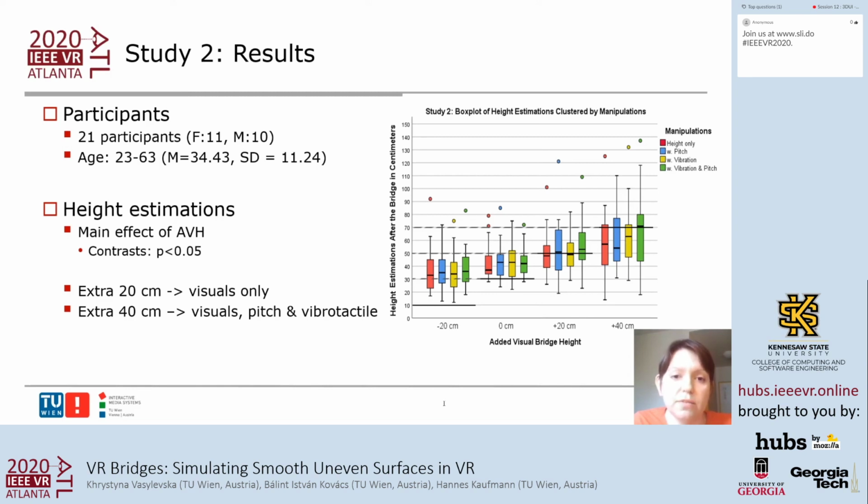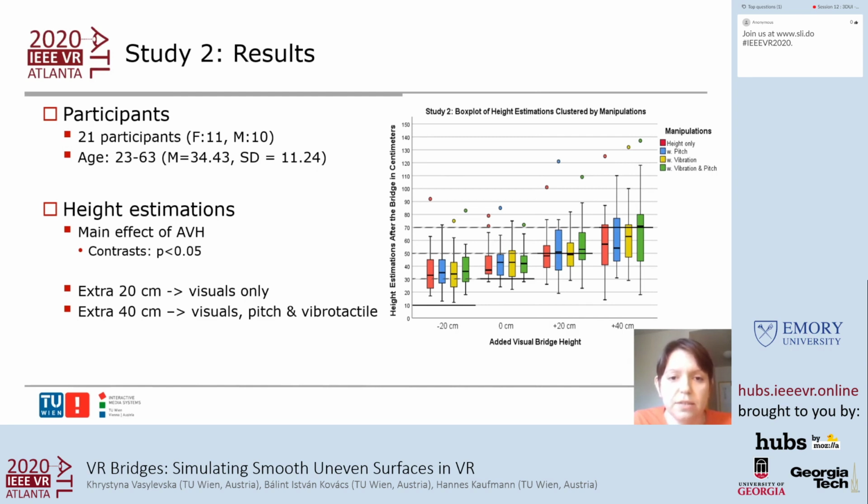To our surprise, the median estimations were correct for the case of +20 centimeters, even with visuals only. There was also a slight overestimation for the condition with vibration and pitch combination manipulation.